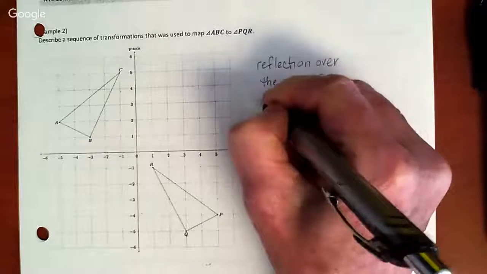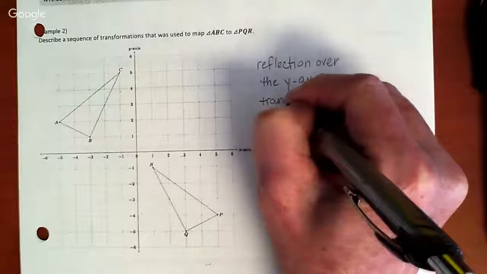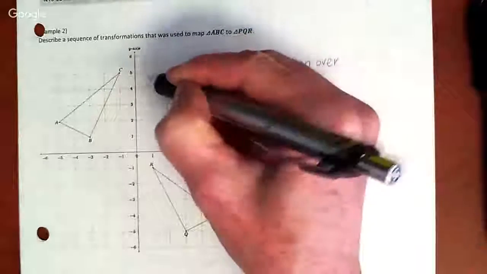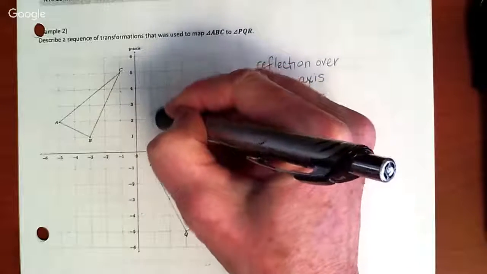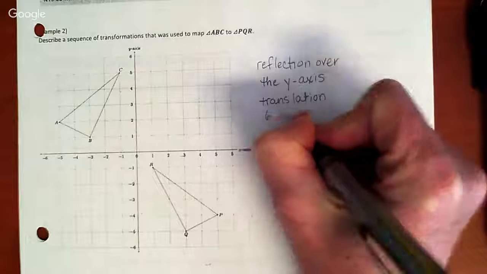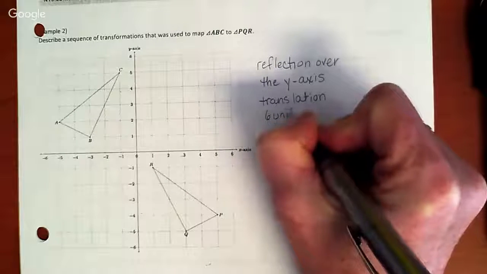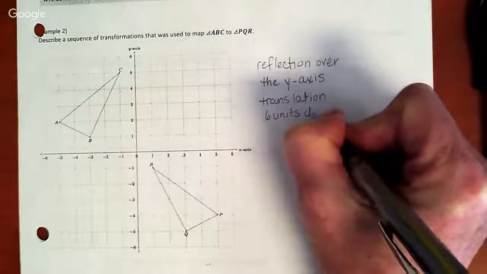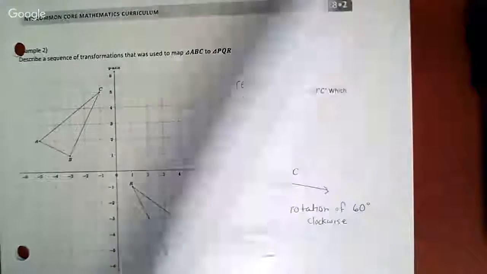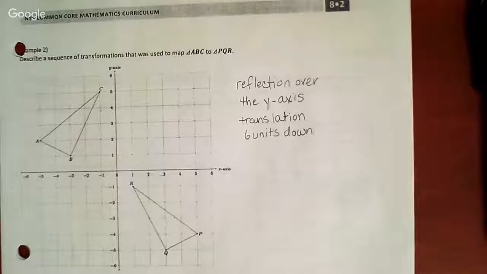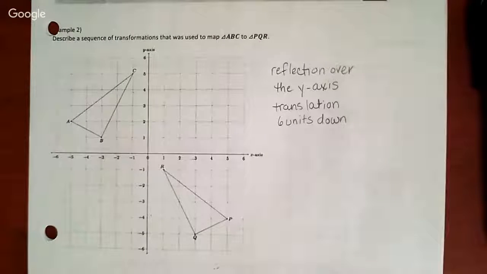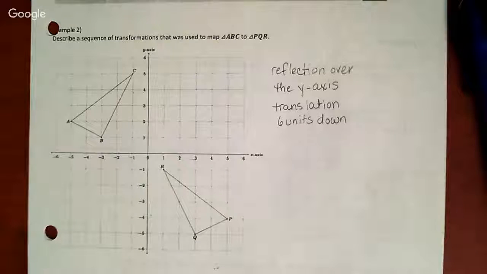And then a translation. And we would go 1, 2, 3, 4, 5, 6 units down. Let me move that over just a little bit. There you go. Okay. That ends our lesson for today.